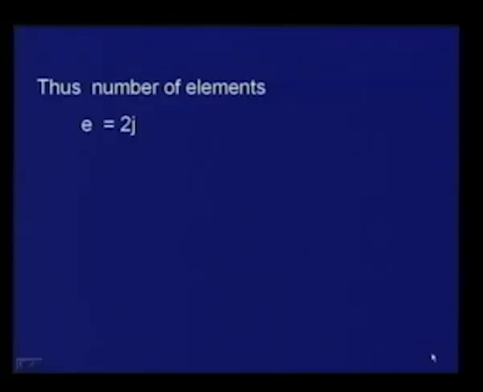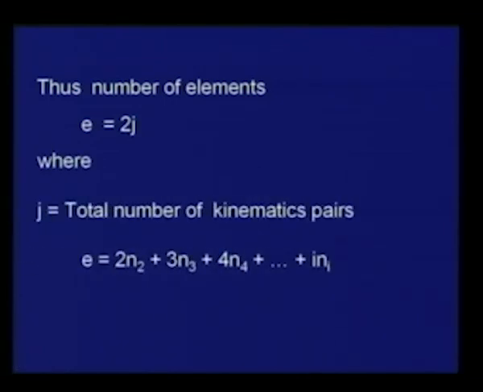So, we have just now seen that the total number of elements can be counted from two viewpoints. If we count it from the viewpoint of number of pairs, then the total number of elements E is equal to 2j. But if we count the number of elements from the viewpoint of different links having different orders, then the total number of elements E is equal to 2n2 plus 3n3 plus 4n4 up to ni.